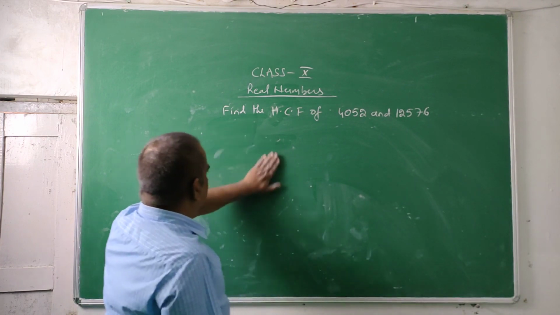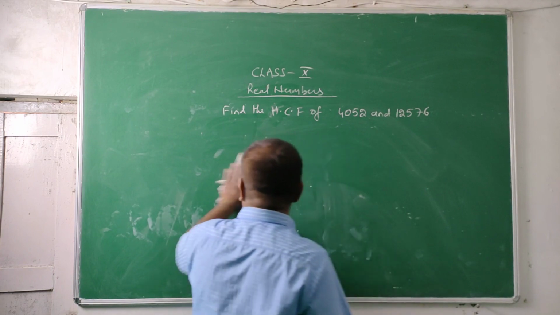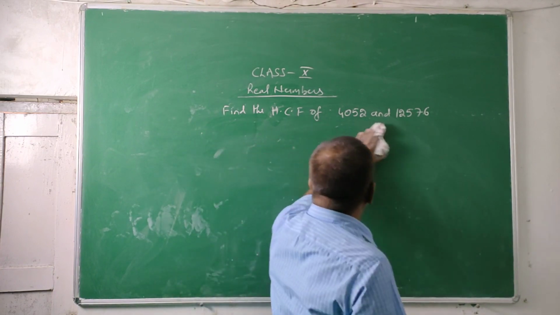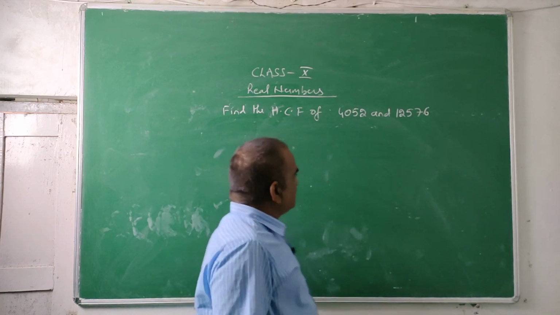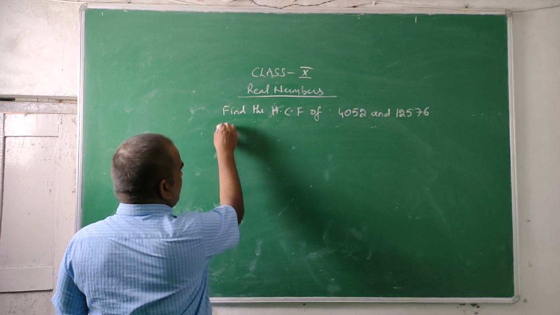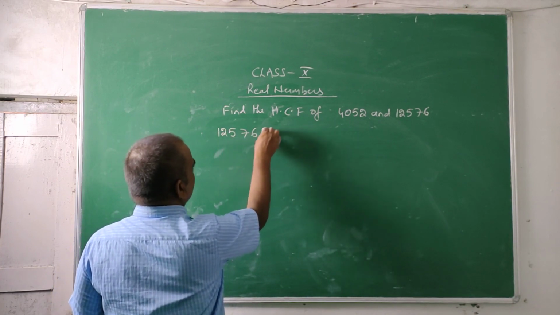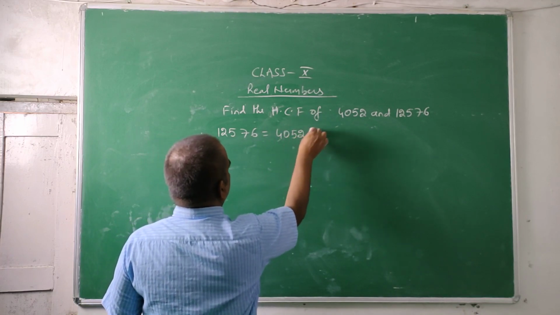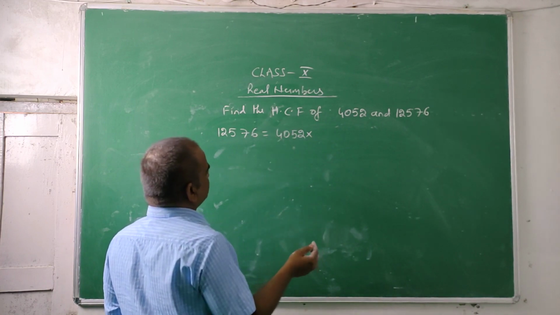Now the solution. First let us take the larger number, which is 12,576. So 12,576 is equal to 4,052 into 4. You cannot do that because it goes into 16,000.